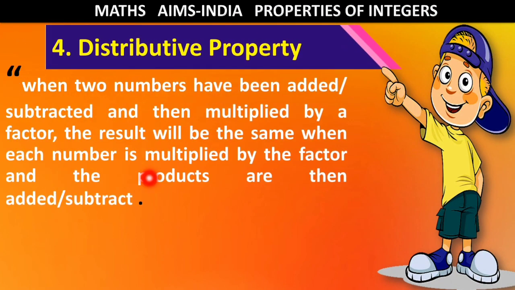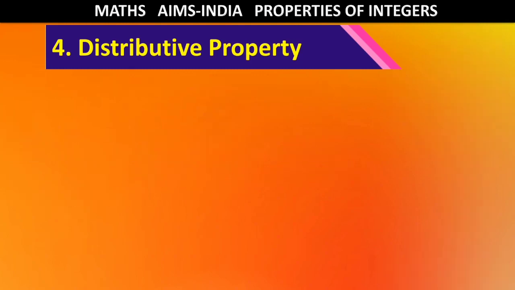When two numbers have been added or subtracted and then multiplied by a factor, the result will be the same when each number is multiplied by the factor and the products are then added or subtracted. This sentence might feel a little bit complicated, but in actuality the meaning is quite simple.